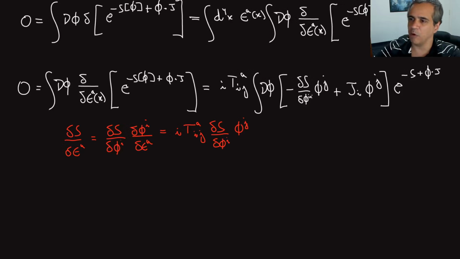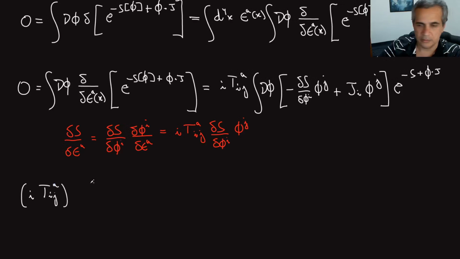Whatever form I get differentiating the action in relation to this field will also be a polynomial in the fields, and I can just substitute that for derivatives in J. So if I do that, I can remove this whole bracket outside the integral and then get just the partition function.